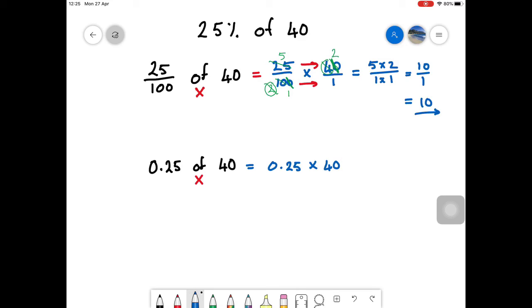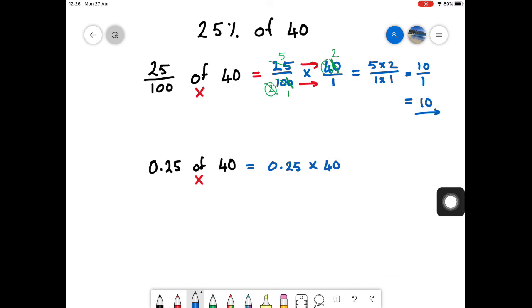Now that might sound a little bit complicated, and I jumped through quite a lot of steps, but just remember I've divided things on the top of my fraction with things on the bottom, because that line in the middle of my fraction means divide. So anything I take on the top of my fraction and divide by the bottom, I can simplify my fraction by doing that.